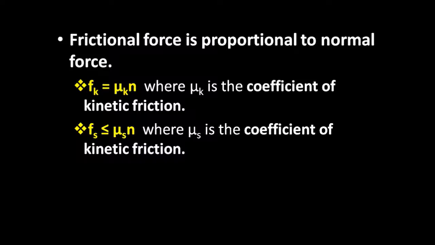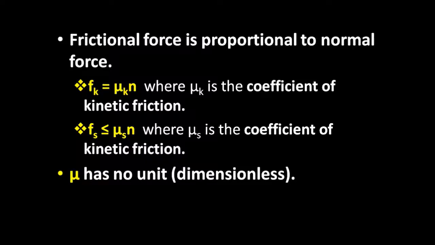Something worth noting. Frictional force is in newtons or pounds. Normal force is also in newtons or pounds, which means the coefficient of friction does not have a unit. It's completely dimensionless. What does coefficient of friction depend on? Well, we're kind of simplifying the process here a lot, but it depends on things like what are the two materials. The coefficient of friction between a rubber eraser and another rubber eraser is going to be a very, very high number.